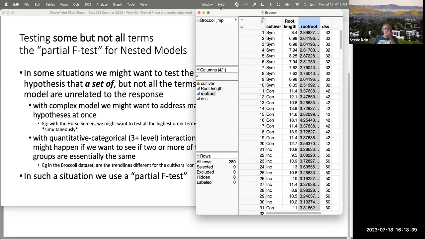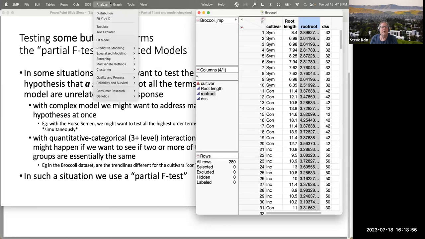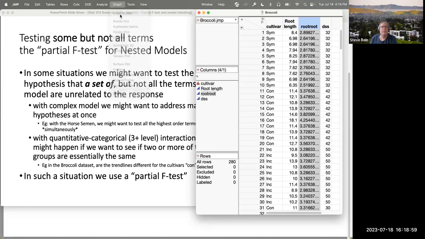I think exploring data graphically is always a great place to start. So let's get after that. Within JMP, I'm going to want to use Graph Builder.